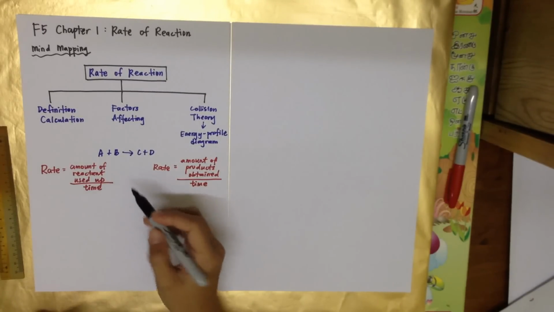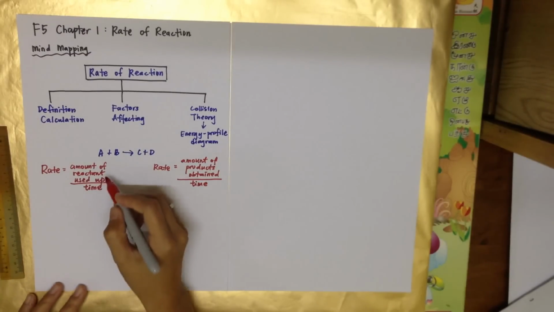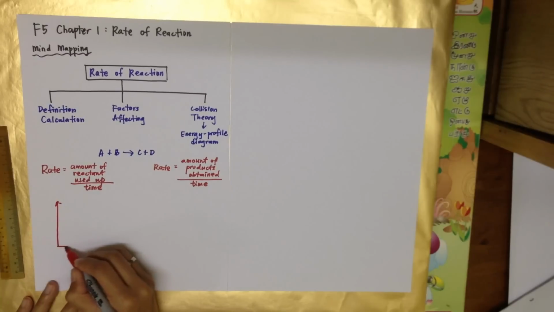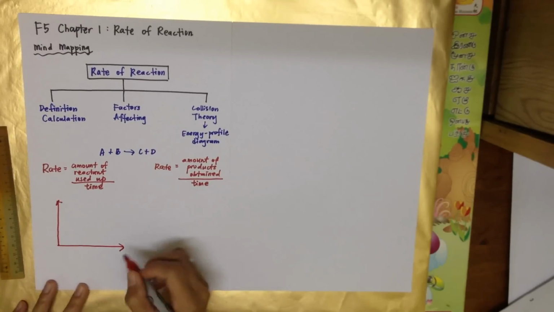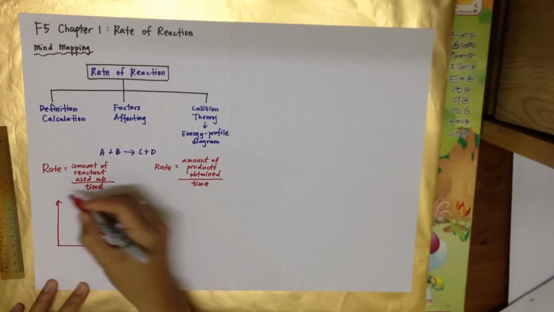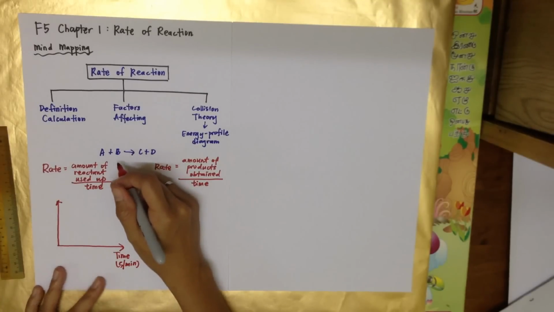And from here, what we need to understand further is how to represent it with a graph. For the rate of reaction involving reactants, the x-axis will always be time. The time can be either seconds or minutes, and the y-axis will always be the amount of reactant used up.